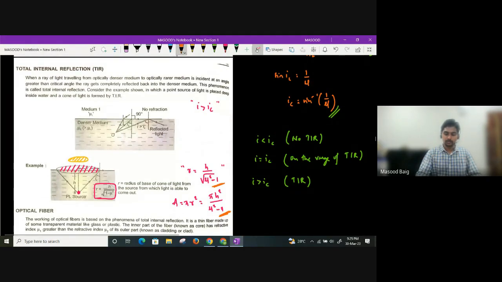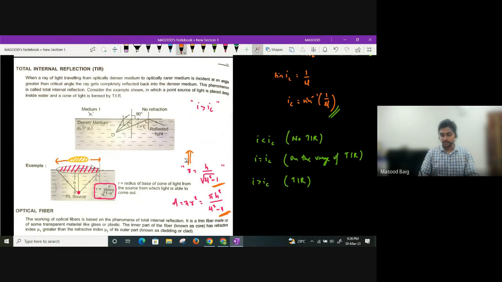No. Why? Because the fish will still be able to see from this part. Yes or no? So this will be the maximum radius through which a fish or observer can see the outside world, or it is the minimum radius of the disk that I have to place on the surface so as to block the vision.